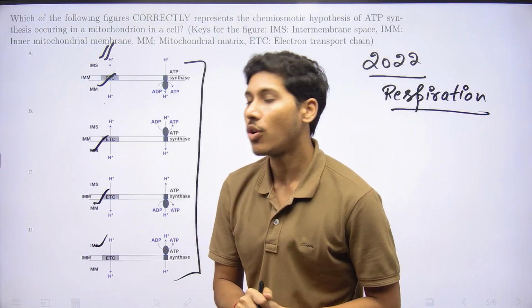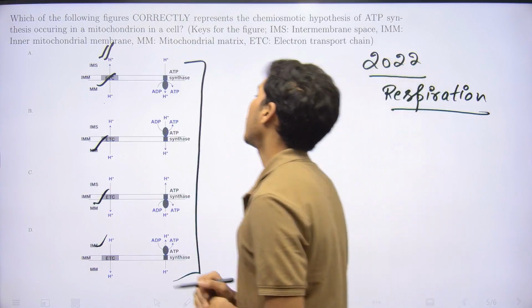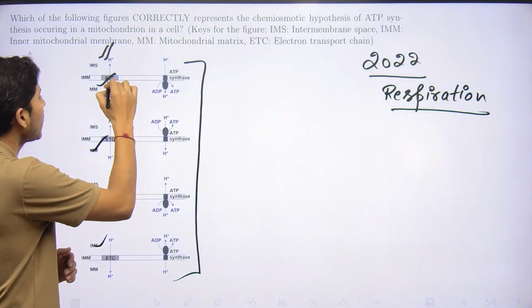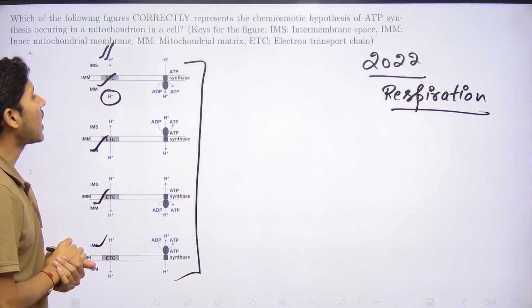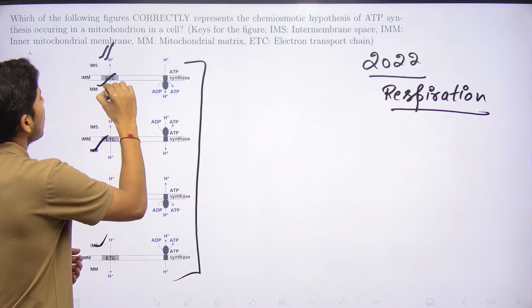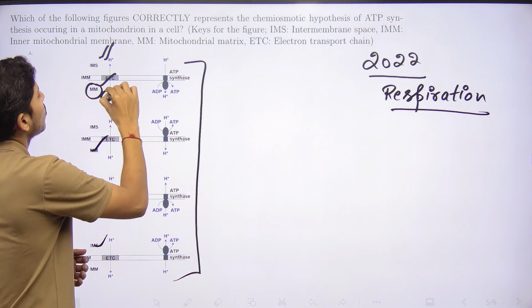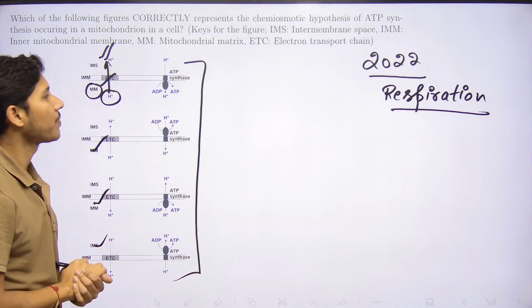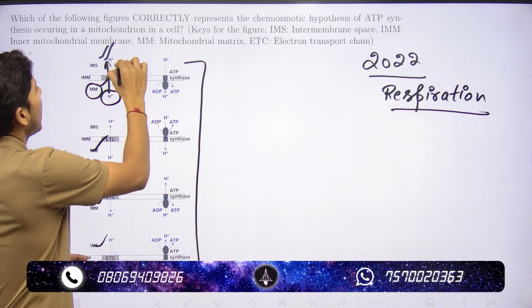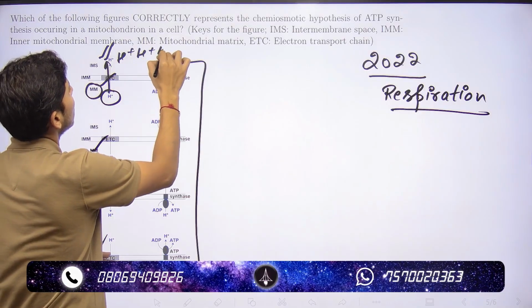synthesized. Okay. So we know that protons are always transported from the mitochondrial matrix to the intermembrane space of mitochondria. Okay, and hence a proton gradient is generated.